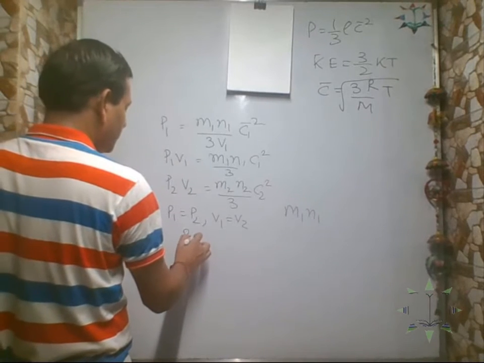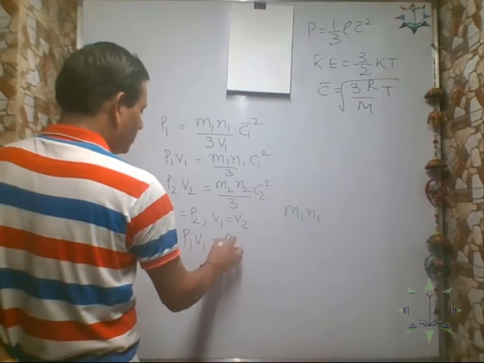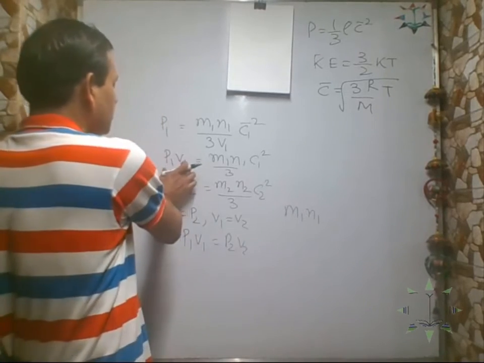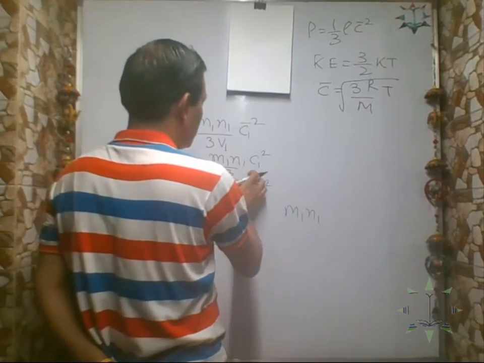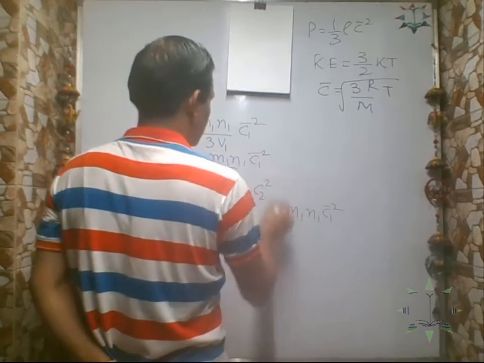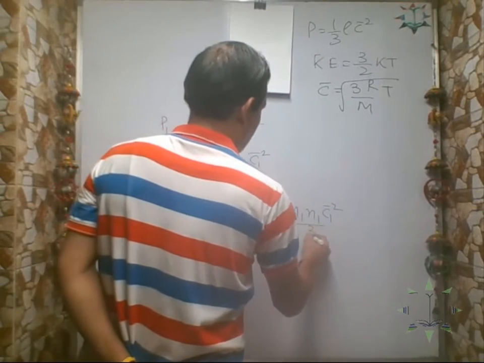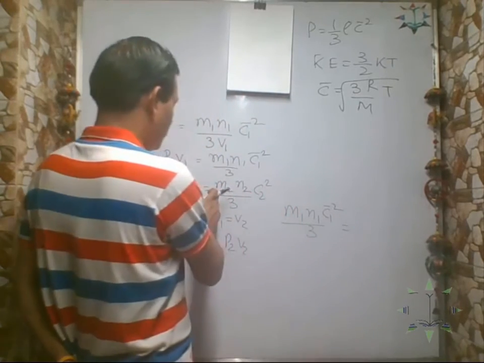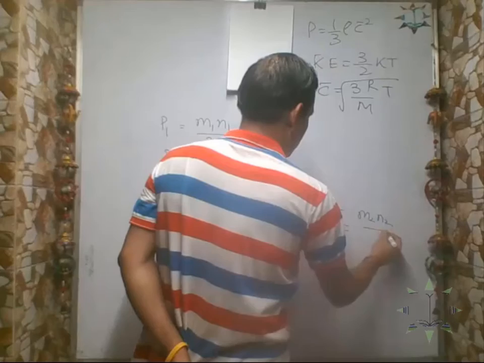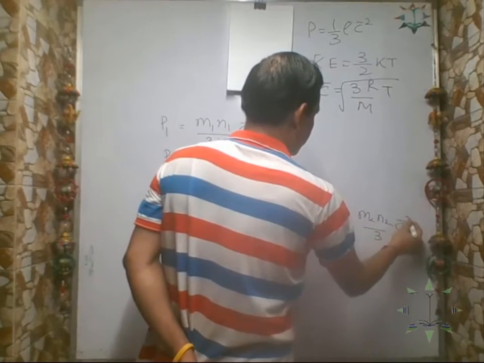In place of P1 V1, you can write m1 n1 C1 bar square by 3, equal to m2 n2 by 3 C2 bar square.